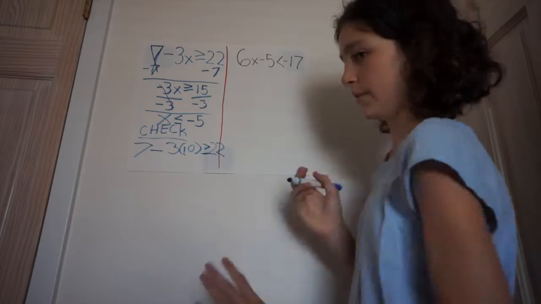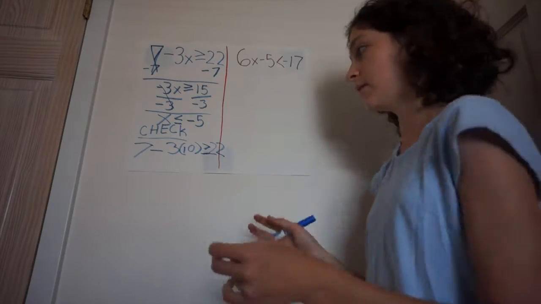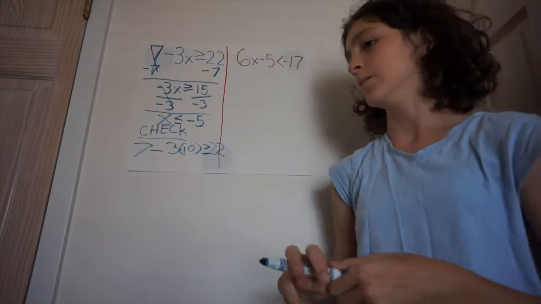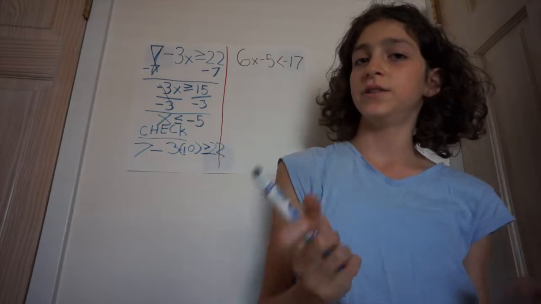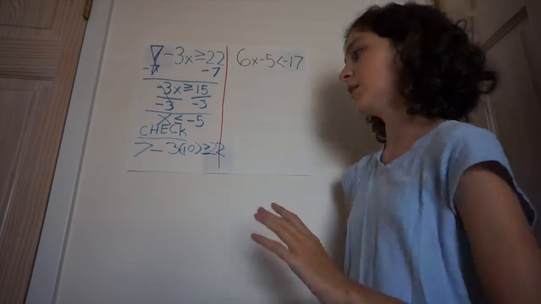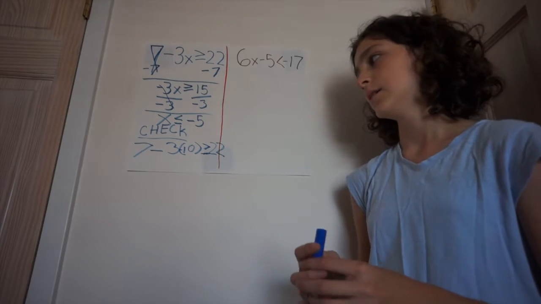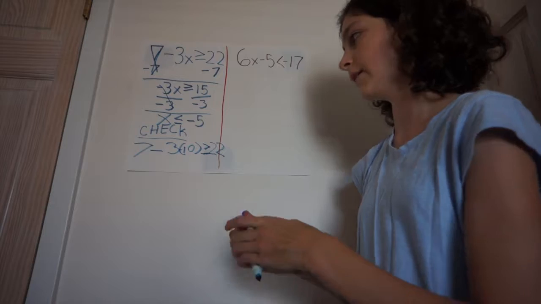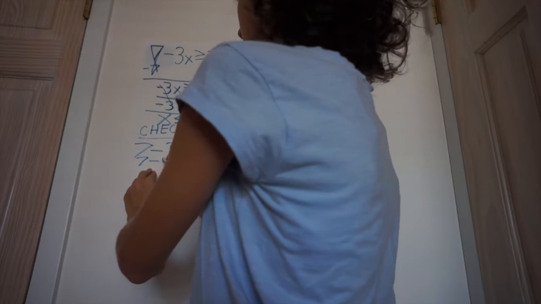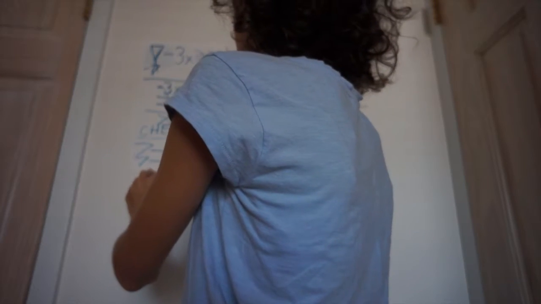You would do this problem now: 7 minus 3 times negative 10 is greater than or equal to 22. 3 times negative 10 is negative 30, and then it would be 7 minus negative 30.